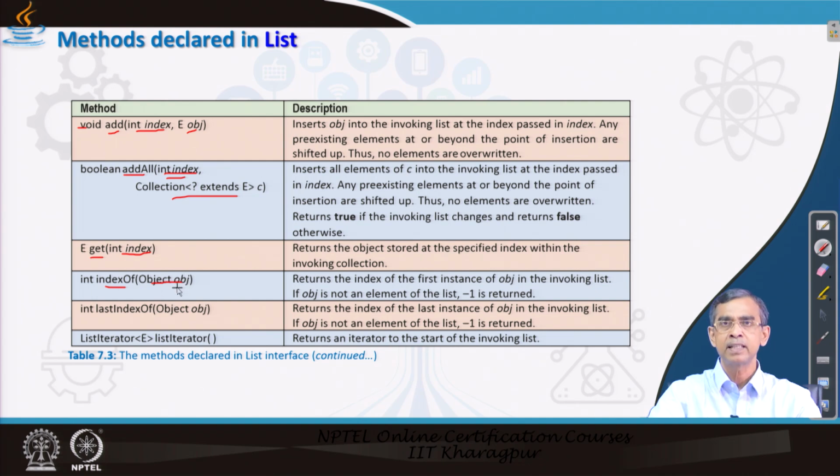And last index of, as the name implies, indicates in the list the location of the last such element, because the list may contain duplicate elements. So, last index of object obj is basically the last occurrence of the element.